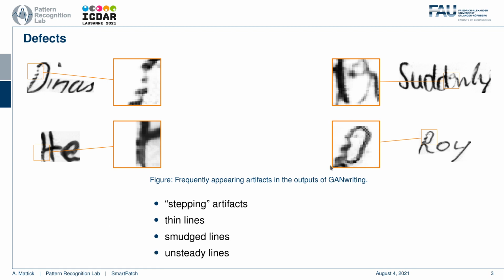And we have the unsteadiness here in the R. Now, all of these also happen in the real data set. However, GANwriting produces them a lot more often and with a lot higher intensity. You can expect, for example, some dried out pens in the dataset, but not to that degree and not in the middle of the word with the rest of the word still being normal.